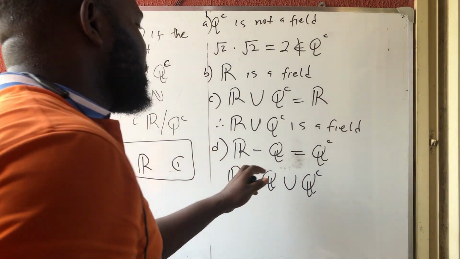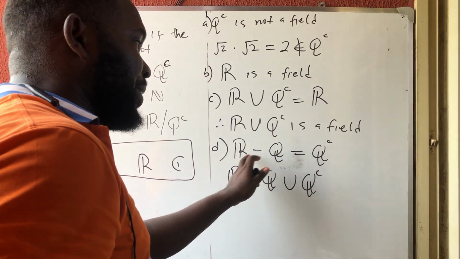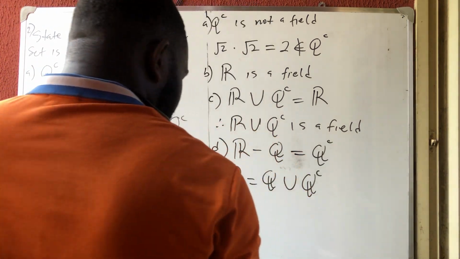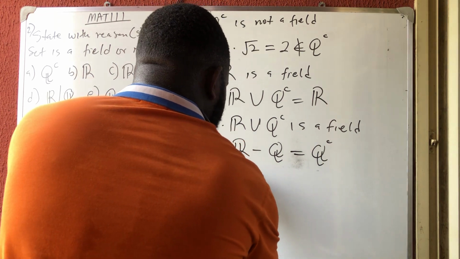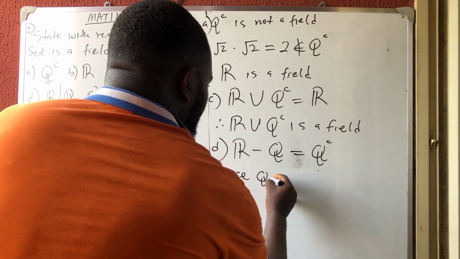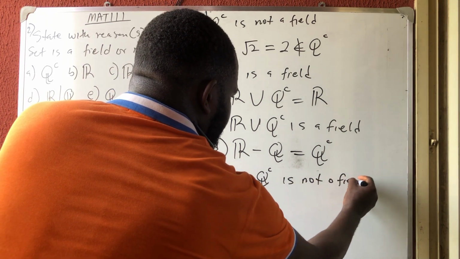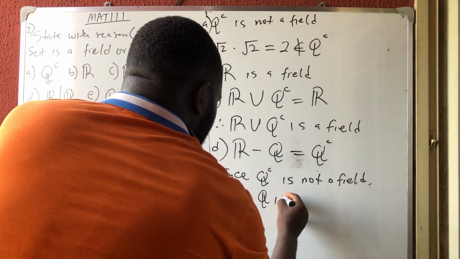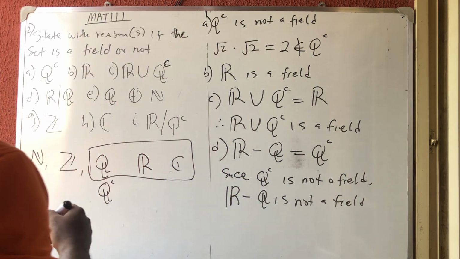So if you remove the rational numbers from the real numbers, you get the irrational numbers. The irrational numbers are not a field, so that one is not a field. Since Q complement is not a field, R minus Q is not a field.